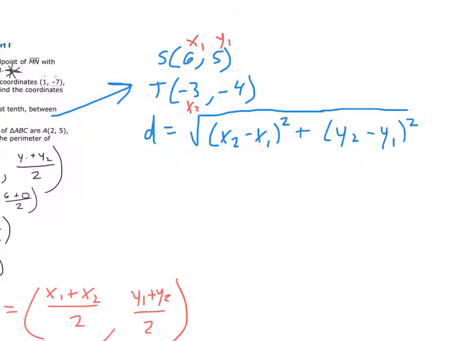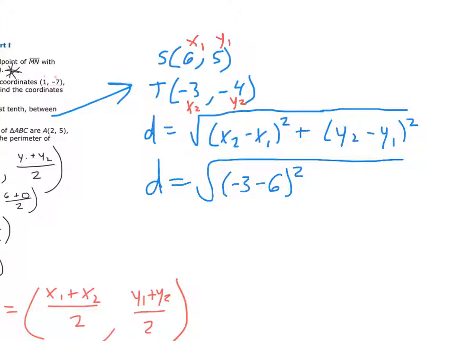T will be our second point, so x2 and y2. So now we have D is equal to, and we just plug in our numbers into the equation we have. So x2 is -3 minus x1, 6, squared, plus y2 is -4 minus y1, which is 5, squared.